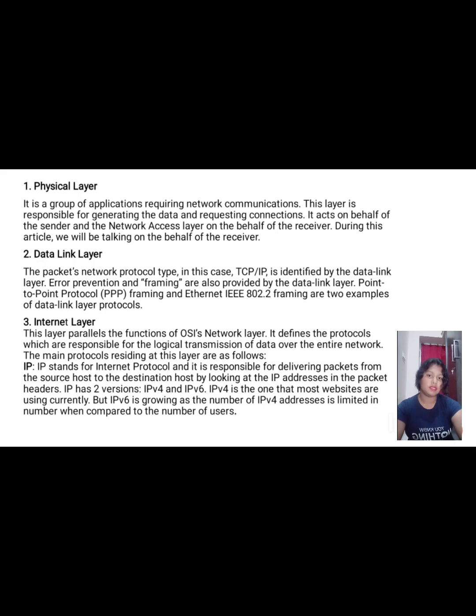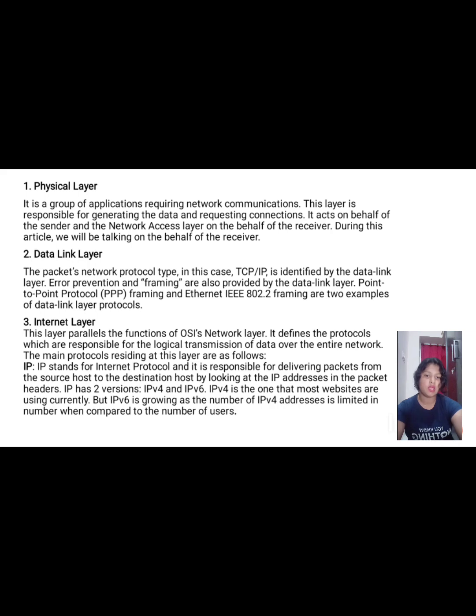The physical layer is a group of applications required for network communications. In the data link layer, the packet's network protocol type, in the case of TCP/IP, is identified by the data link layer. Internet layer: this layer parallels the functions of the OSI network layer. It defines the protocols which are responsible for the logical transmission of data over the entire network.